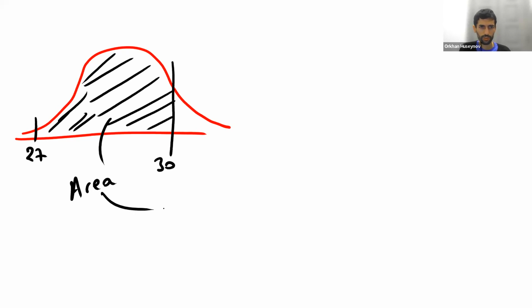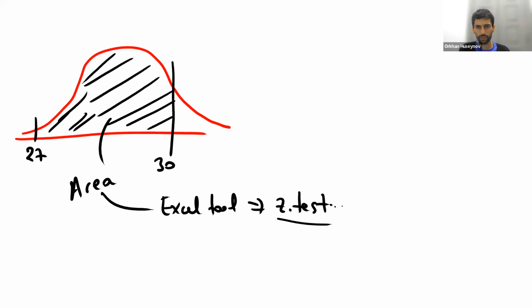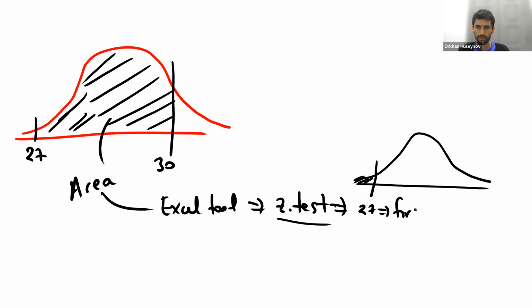So for this one, you need to use the Excel tool. Okay, and for the Excel tool, you have to use the z-test. Okay, z-test will give you the area between 27 and 30, but it works a different way. Let me show you how it works. The Excel z-test first calculates the area till 27. So this one will be the first.